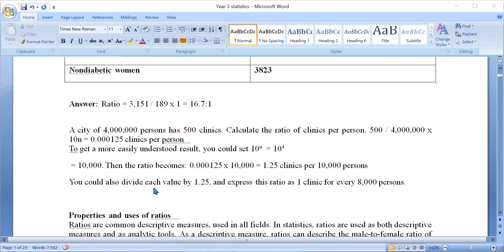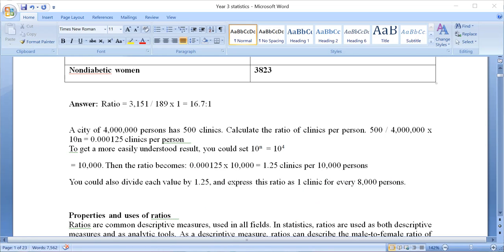So for us to get it in a better form, we multiply by 10,000 to cancel out these decimal places, which gave us 1.25. Yet 1.25 is not really explanatory. So we now have to divide 10,000 by 1.25 and 1.25 by 1.25. If you do so, we will have 1.25 divided by 1.25 is 1, then 10,000 divided by 1.25 is 8,000.